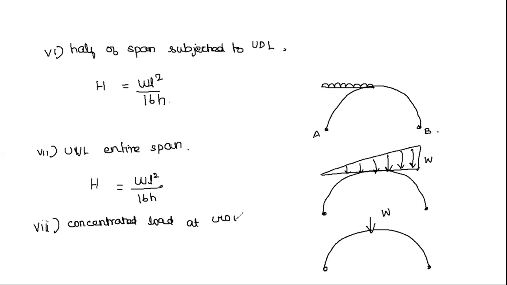The value for horizontal thrust is equal to 25 divided by 128 into WL divided by H.